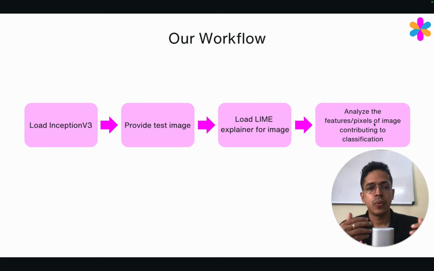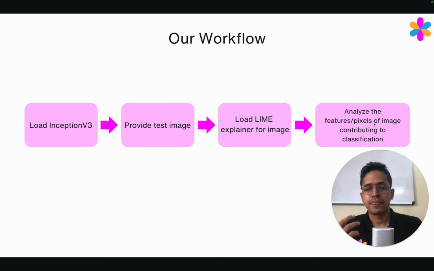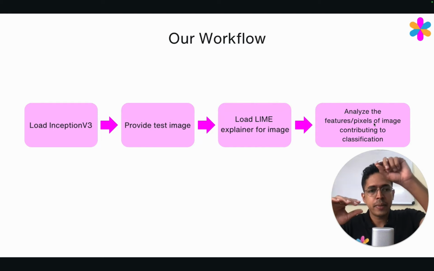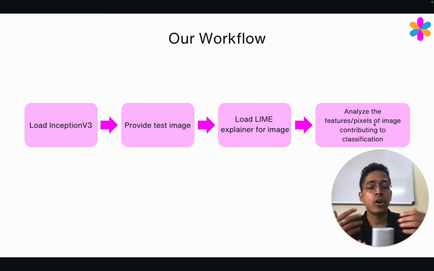If you remember, the features in text-based data are the words or the tokens. The features in tabular data are the individual columns, and features in an image dataset are the random segmentations that are created within the image. So if an image is randomly segmented into 40 or 50 different islands, 4 or 5 or 6 of these islands might be contributing maximum to the classification.